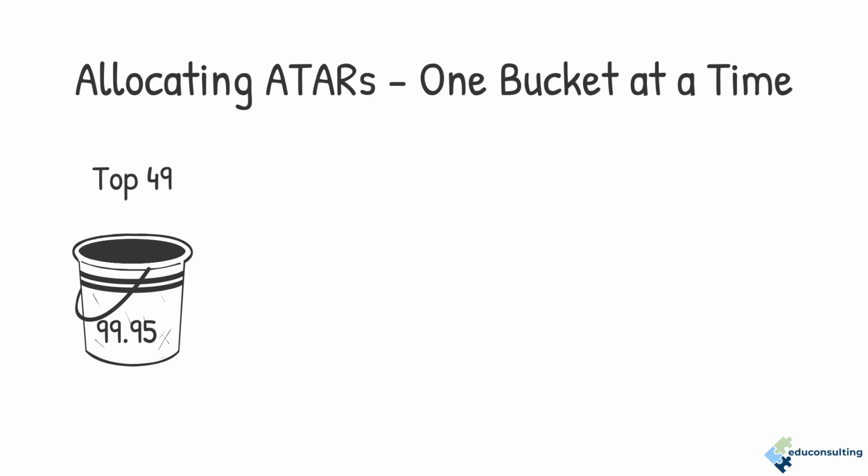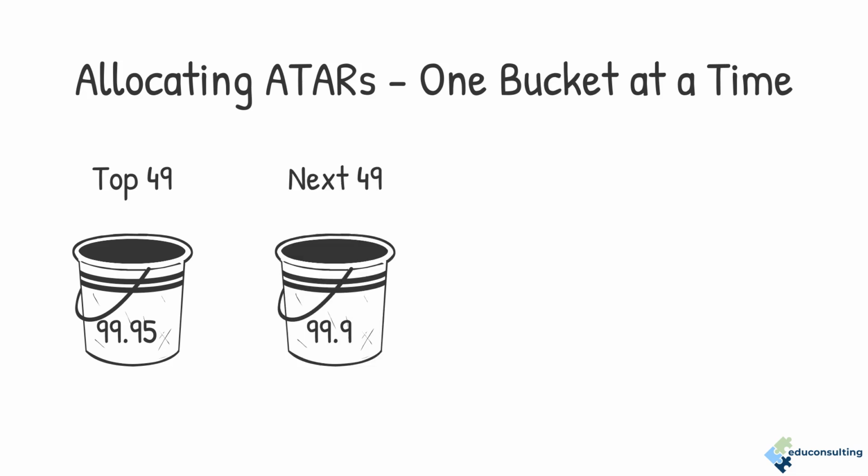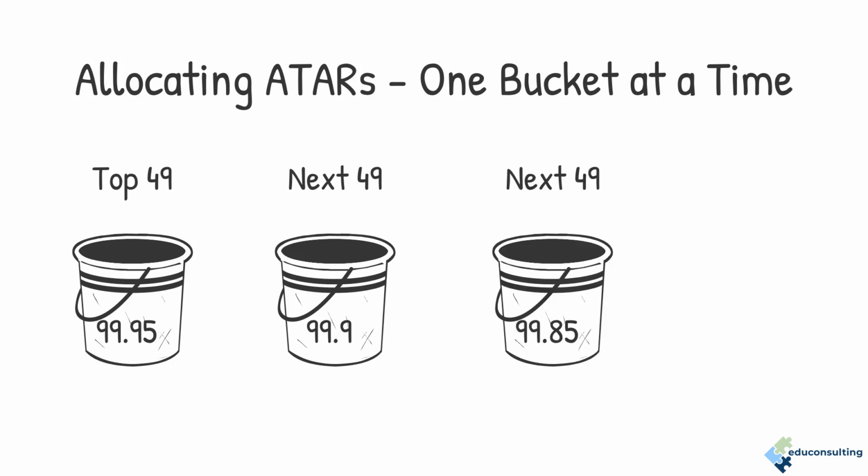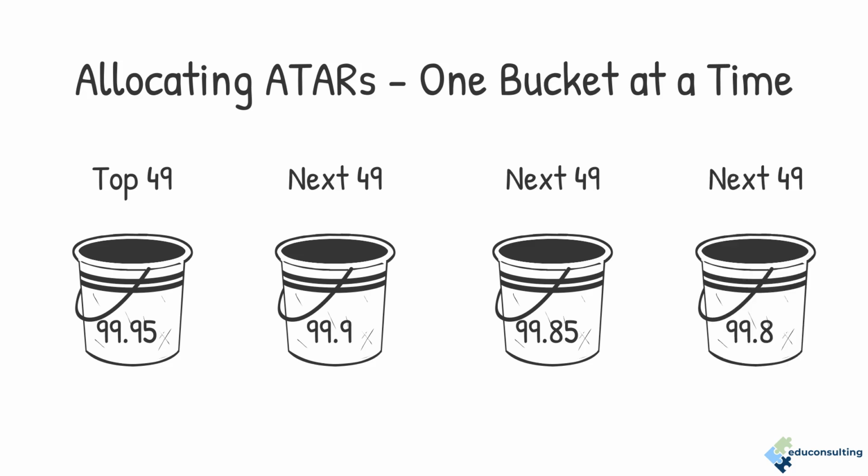Because ATARs are given out in 0.05 increments, all that happens is that they take the top 49 students and they score 99.95. Then they take the next 49 students and they score 99.9. Then the next 49 students get 99.85, and the next 49 after that get 99.8, and so on.